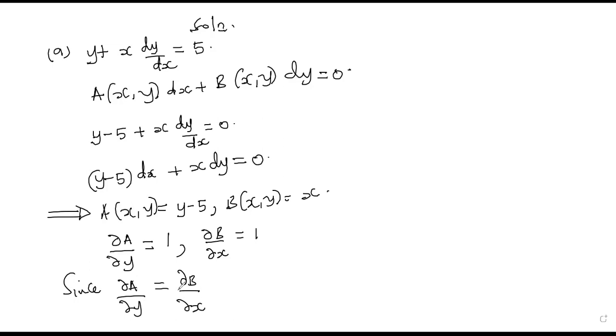Some students write dA/dy, but since we are using a partial derivative, it is read as ∂A/∂y. As simple as that. So let's also try part B and we see.